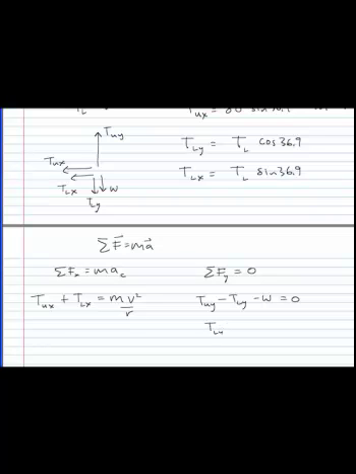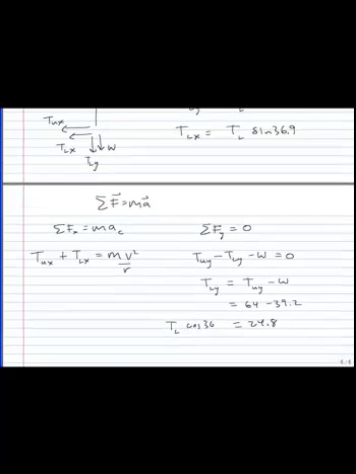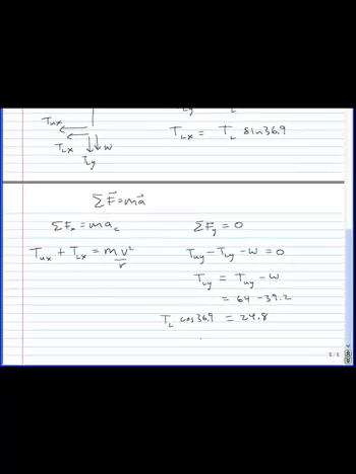I get the tension lower y is equal to the tension upper y minus w, and this one was 64, and the weight was 39.2 newtons, and so I end up with 24.8, and this is of course T lower cosine theta, and so my T lower is 31 newtons.